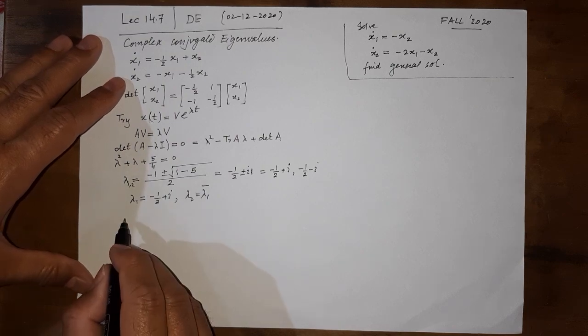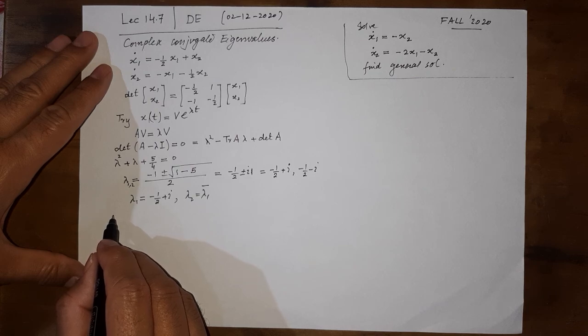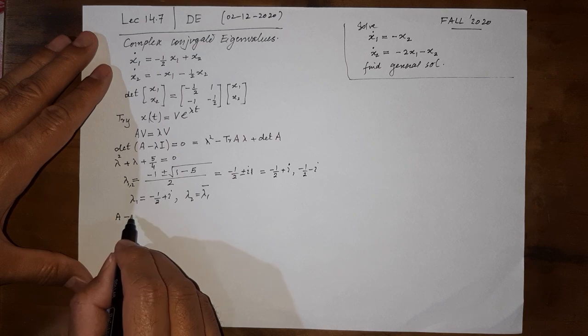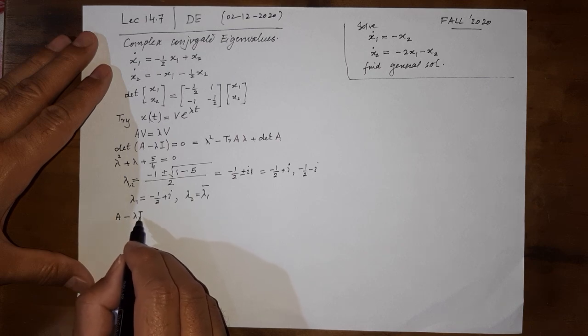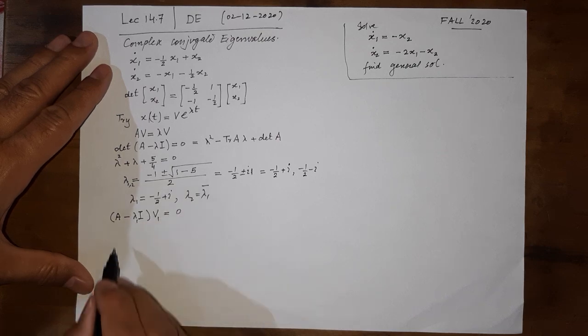So let us find v1 by solving A minus lambda I into v equal to 0.